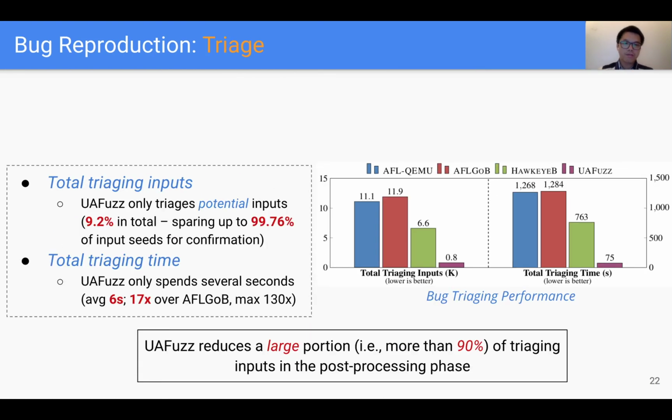In the triage phase, UAFuzz reduces a large portion, more than 19%, of triaging inputs and spends only several seconds in the post-processing step.